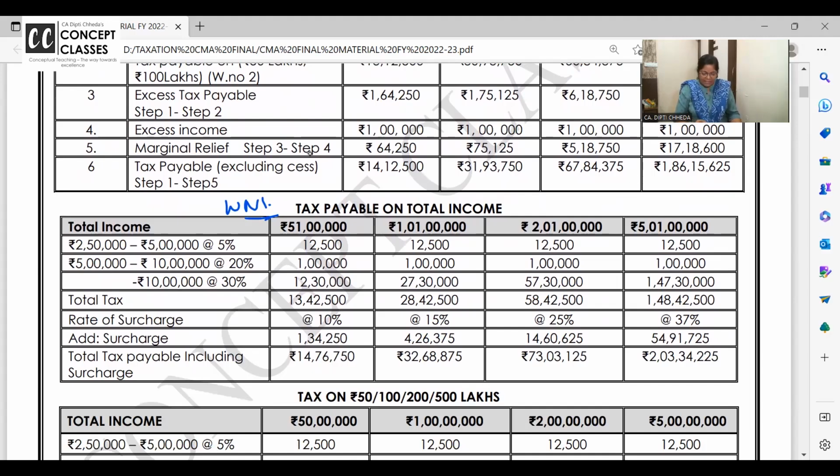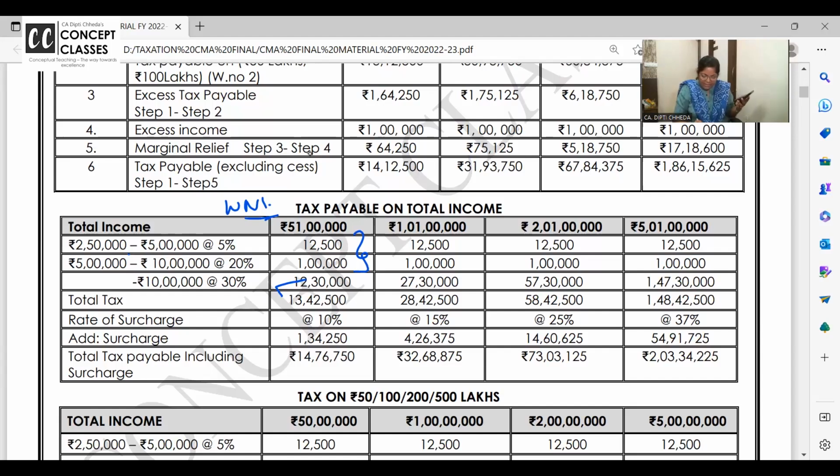51 lakhs, pay tax. So up to 2.5 lakh, nil. 2.5 to 5 lakh, 5%. 5 lakh to 10 lakh, 20%. And above 10 lakh, 30%. So if my total income is 51 lakhs, can I say on 41 lakhs, pick up your calculator, directly on 41 lakhs, 30% is coming to 12.30 lakhs. And up to 10 lakhs, if it is not a senior or super senior citizen, the tax is fixed at 1,12,500.